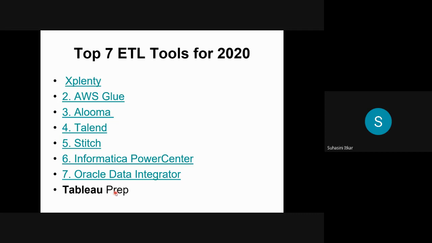Tableau, we do have the academic version of Tableau, but Tableau Prep for commercial purposes is licensed software. AWS again, for commercial purposes, is licensed software. So these are the top 7 ETL tools, pre-processing tools, for the year 2020. So this we discussed.